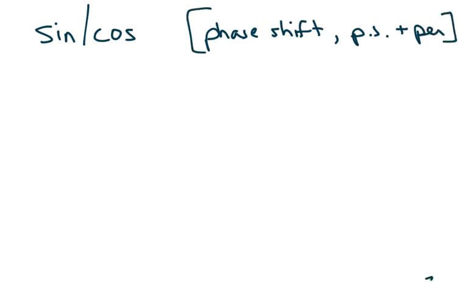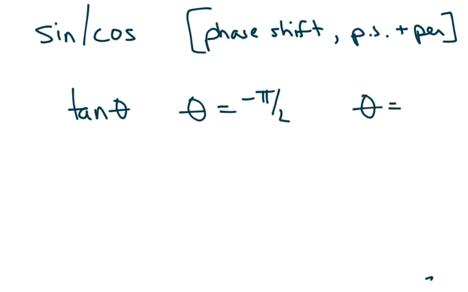That's your interval. If the graph is tangent, your interval is between two sets of asymptotes. So to find those asymptotes, you're going to set what you're taking the tangent of equal to -π/2 and solve for x, and set it equal to +π/2 and solve for x, and that's where your new asymptotes will be.